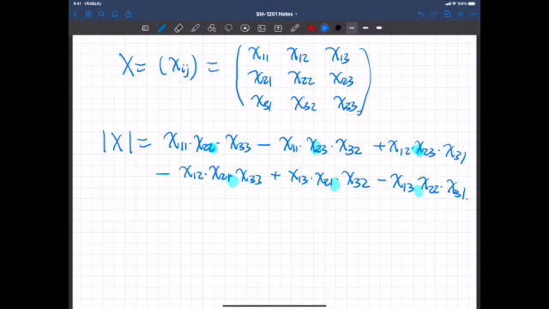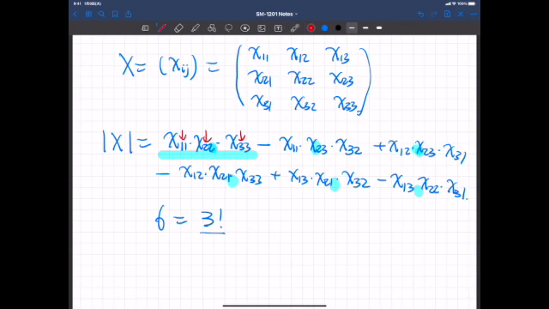And you should note that 6 is the factorial of 3. And 3 factorial means the number of permutations of 3 things, 3 numbers, right? If you look at each of these terms, and look at the first index, then we have 1, 2, 3.